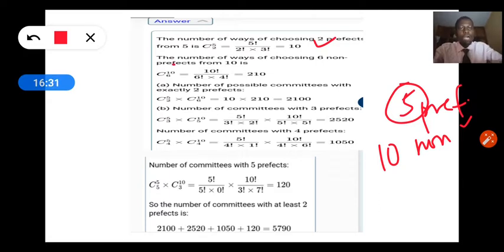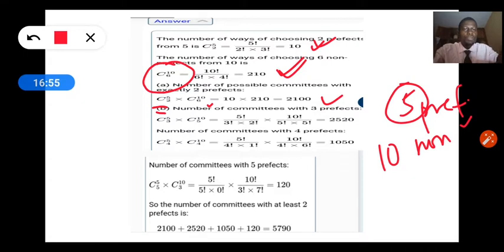So that's why we have 10 combination 6. If I simplify that, I have 210. So if we multiply the results, 10 times this, I have 2,100.